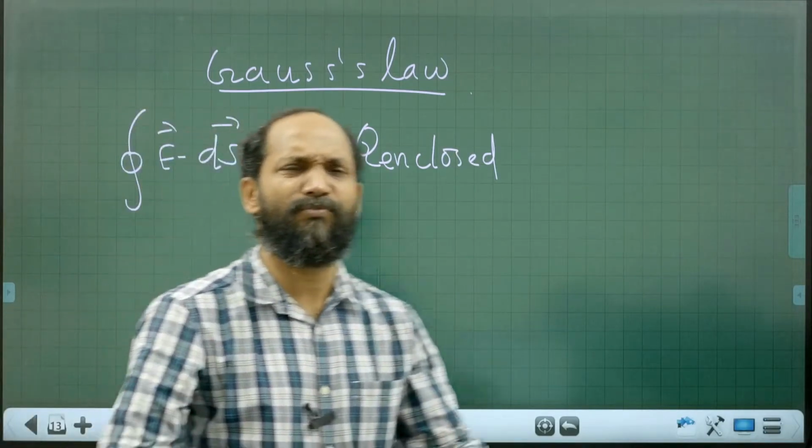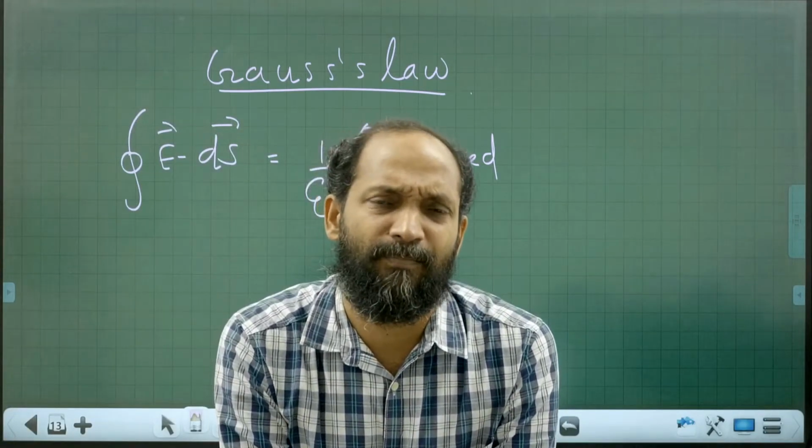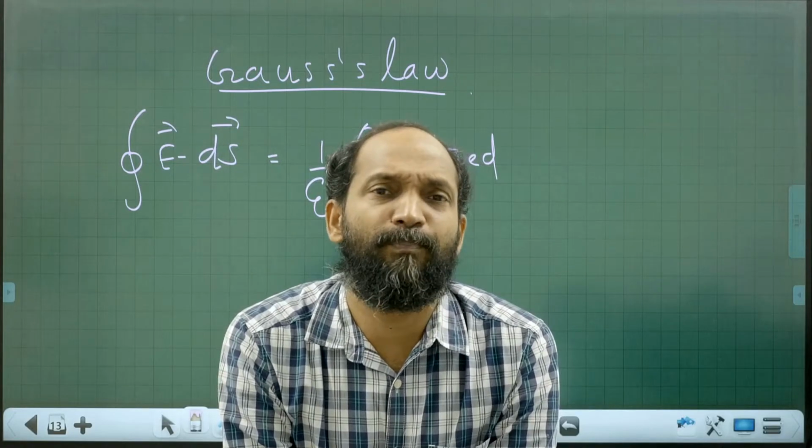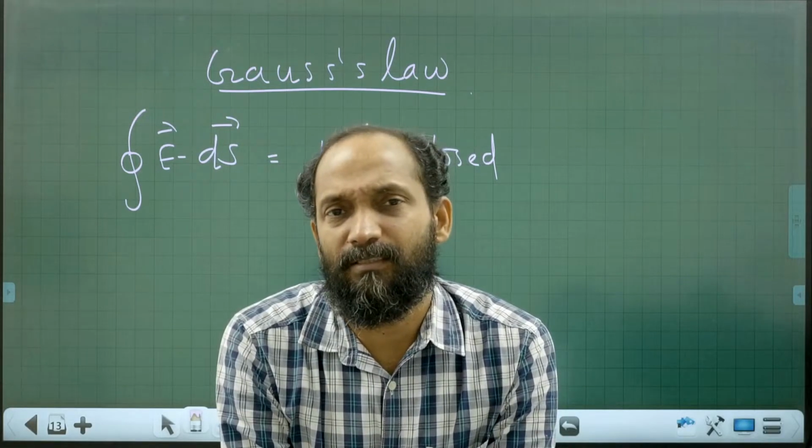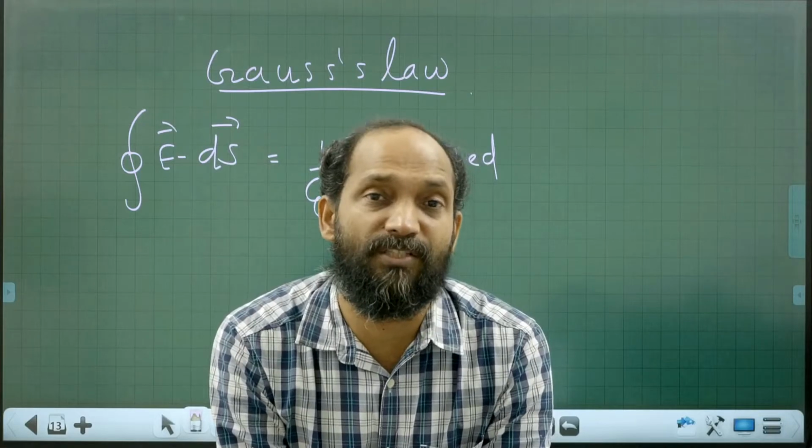The shape of the closed surface doesn't matter. That surface is called a Gaussian surface.